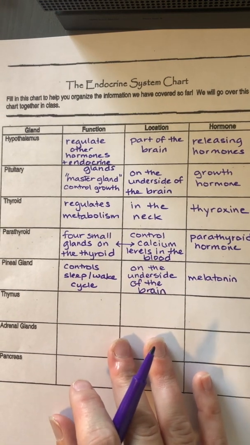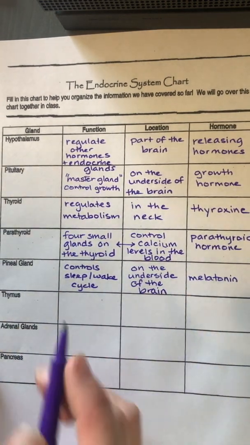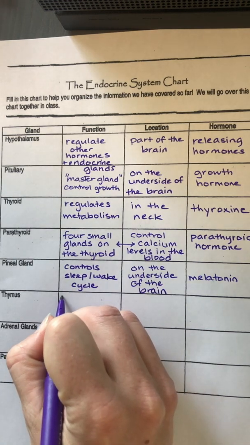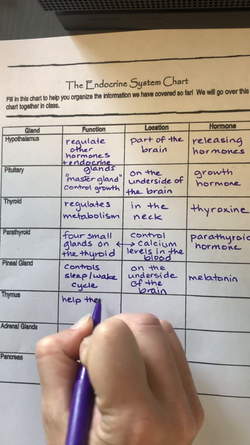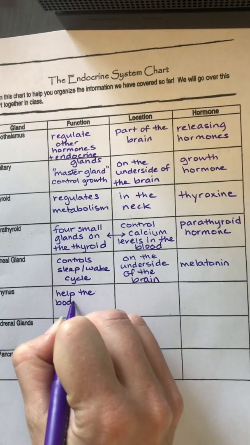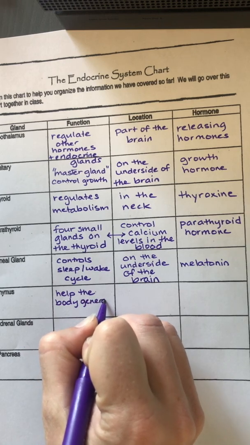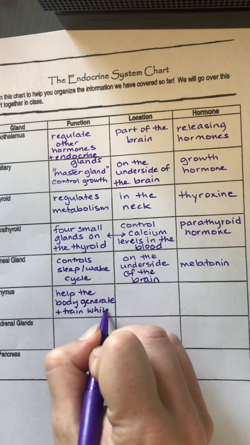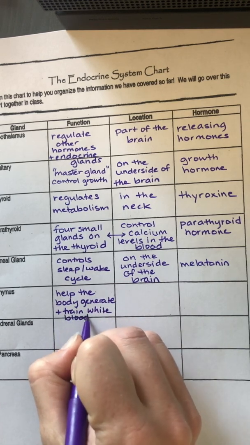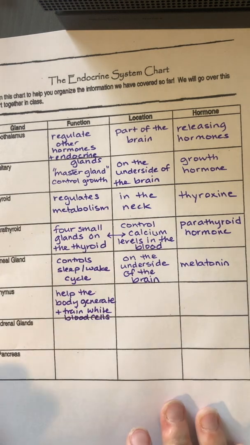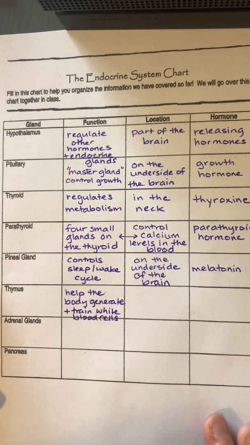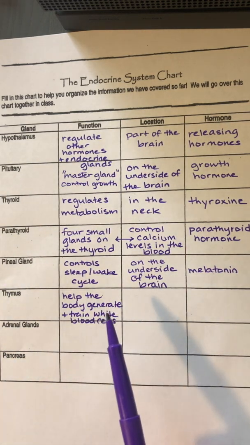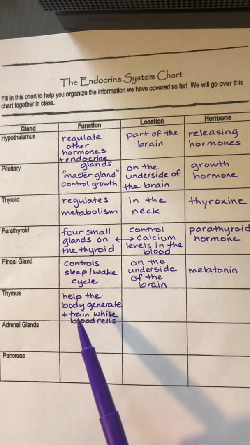Alright, moving on to the thymus. The thymus is going to help the body generate and train white blood cells. And remember, I said that's the only organ that's actually smaller in adults than it is in children. So it's larger when you're a child because your body needs to make more new white blood cells that need to be introduced to diseases for the first time.